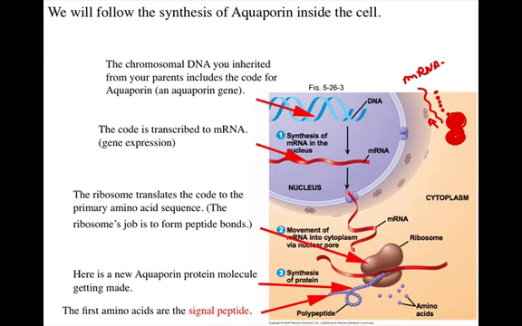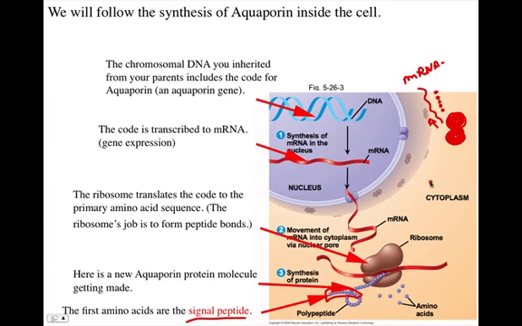The amino acids start to get joined together, and there are some proteins that at the very beginning of the protein, there is about a 20 amino acid sequence that is called a signal peptide. Aquaporin has a signal peptide. The signal peptide is what targets secreted proteins and membrane proteins to get to their proper location.